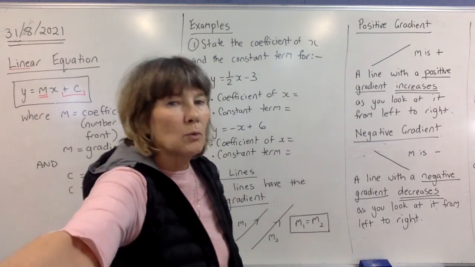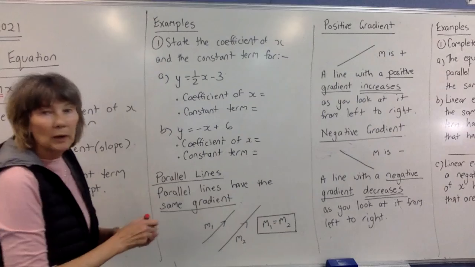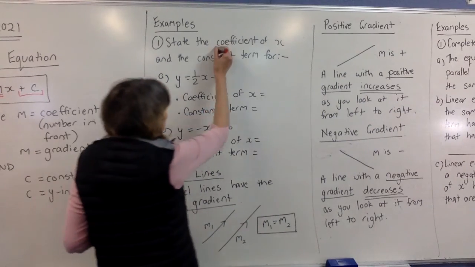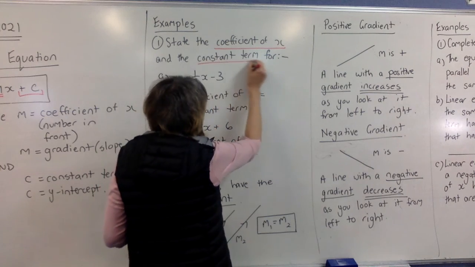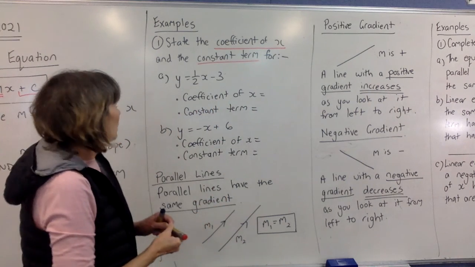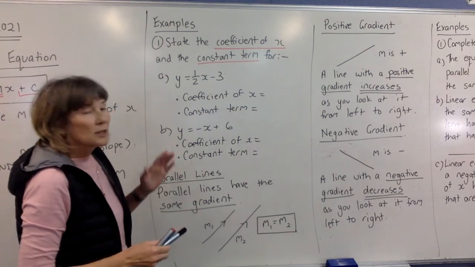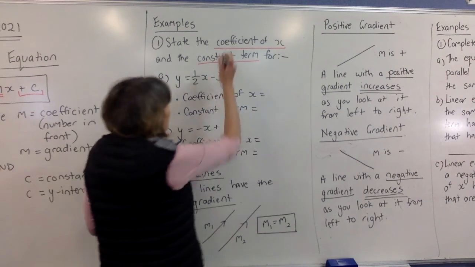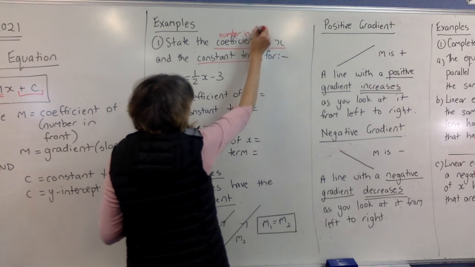Okay, so let's see how this lesson will work. All right, so in the first part here, we're looking at trying to actually identify the coefficient of x and the constant term. So if we look at this first one, we have y equals a half x minus 3. So the coefficient of x, remember, is the number in front of x.